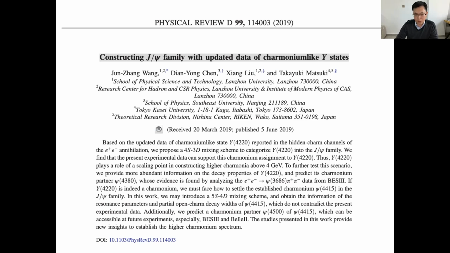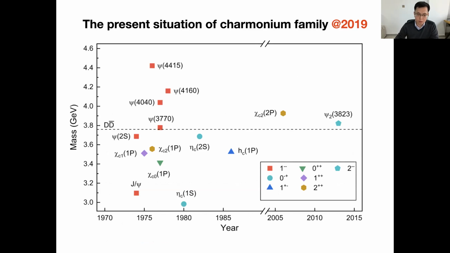I think it's important for our understanding of the J/psi family. In this slide, I want to show the present situation of the charmonium family. There exist states below the D D-bar threshold, and there also exist many states above the D D-bar threshold.